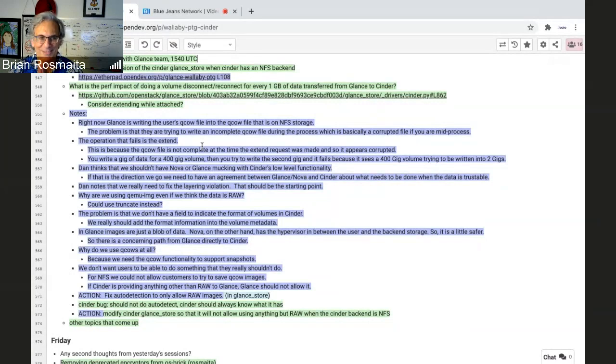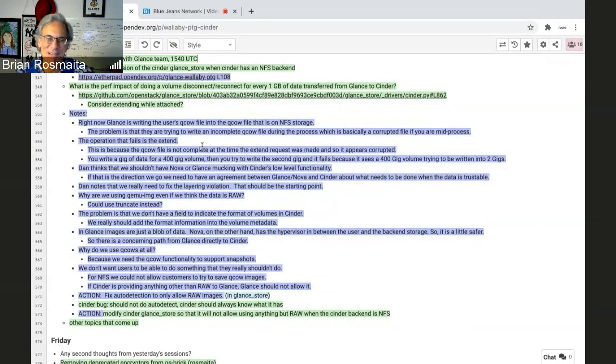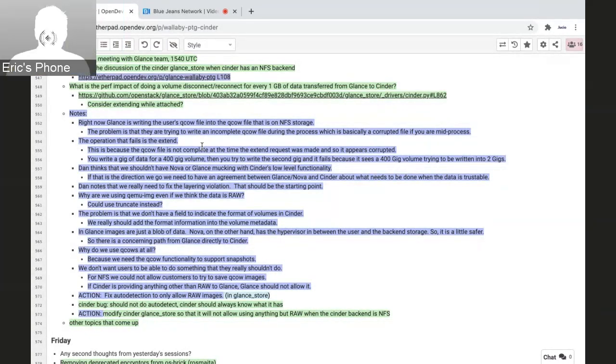I have my performance question too, if anybody's interested in that part. Oh, I was hoping that somehow was moot at this point, but go ahead. No, it's a whole different thing. So I have not tested this or looked into it, but I was just looking through the Glance store code, and I think, so there's a loop, right, where it writes a gig of data and then it does a volume extend and then it writes another gig of data to upload to a Cinder volume.